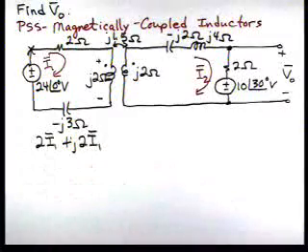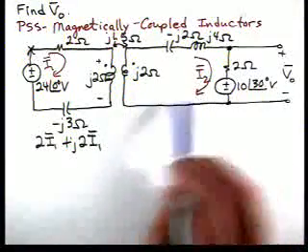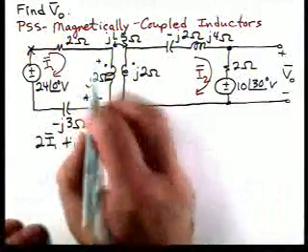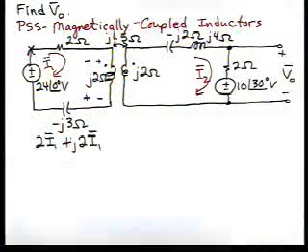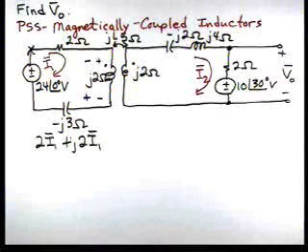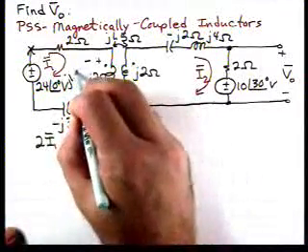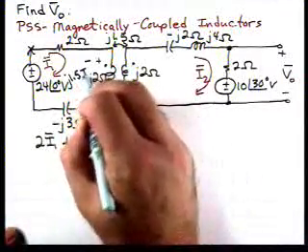Now the current enters the undotted terminal, so it's going to produce a voltage with that polarity over on this coil, and our value is j1.5, so we have j1.5 I2.